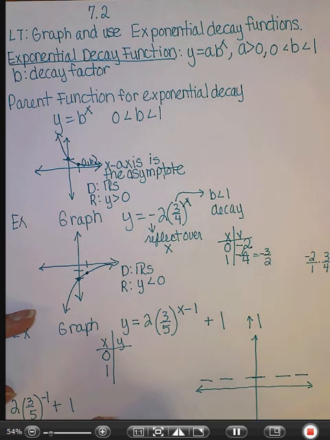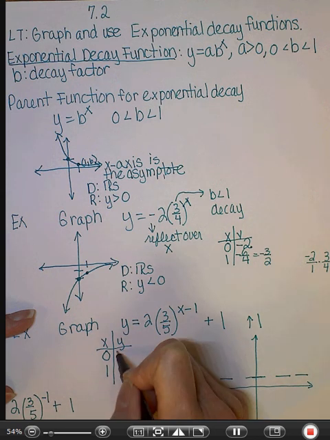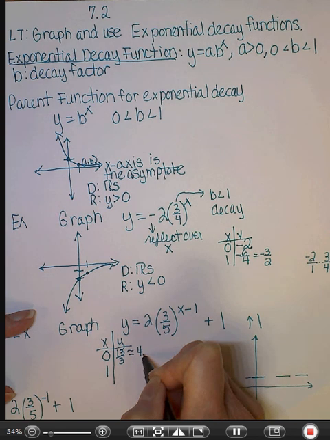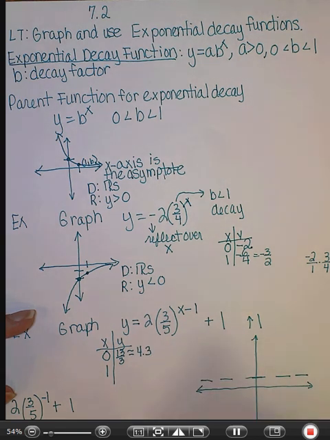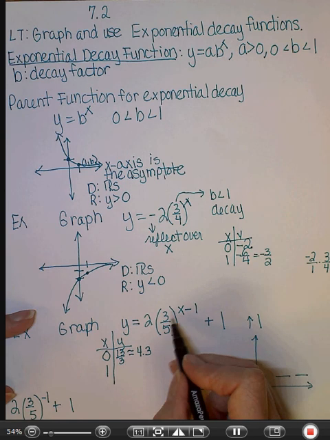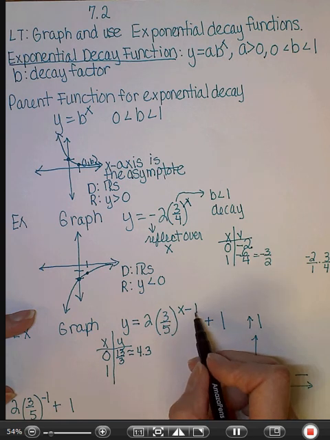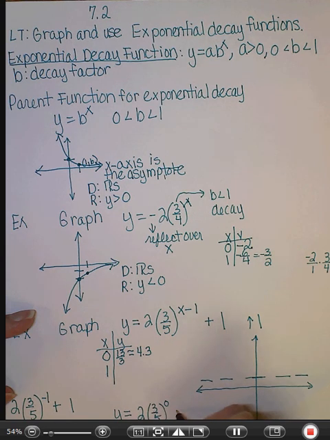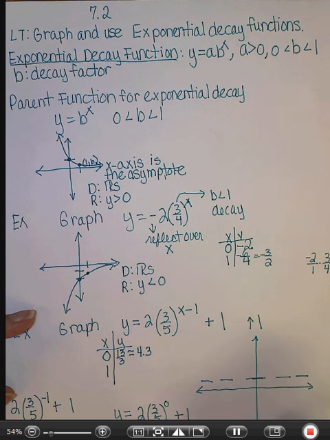And then if I add 1 to this, I get approximately 13 over 3, and if I divide that out, it's about 4.3. Okay, if I plug in the number 1, I would get 3/5 to the 0 power, which is just 1. So 2 times 3/5 to the 0, plus 1, would be 2 times 1 plus 1, which is going to be 3.